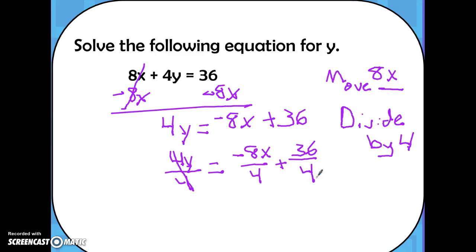So the same number goes below those. So you have y equals, and we're going to simplify or reduce this because the fraction 8/4 can be divided and you get -2x, and the fraction 36/4 can be divided to get 9. So your equation is y equals negative 2x plus 9.